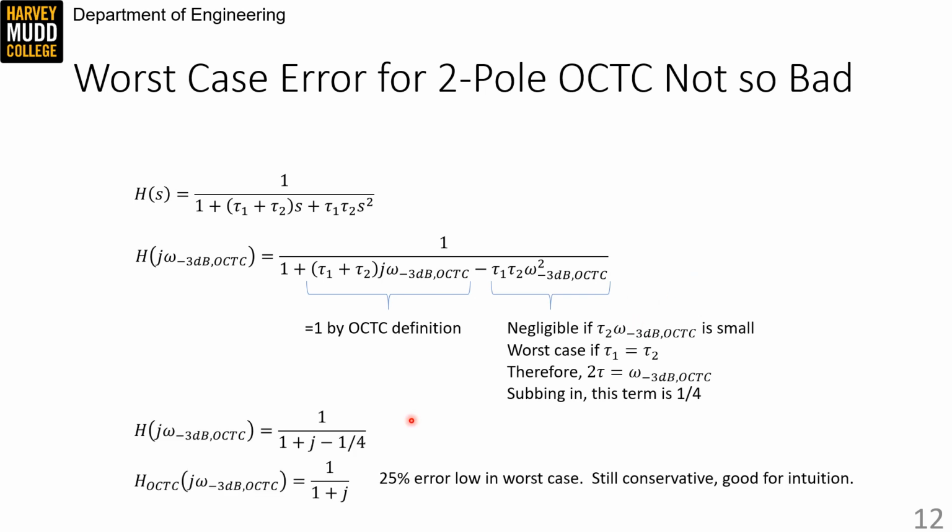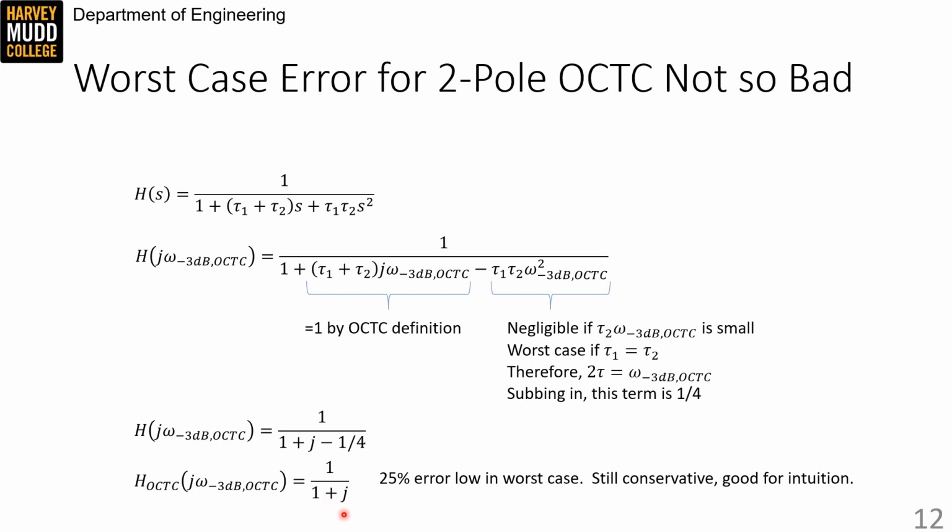So the transfer function for our actual two-pole system at our predicted bandwidth is 1 over 1 plus j minus 1/4. But the transfer function for our OCTC system, like the first order approximation we're using, is just 1 over 1 plus j.